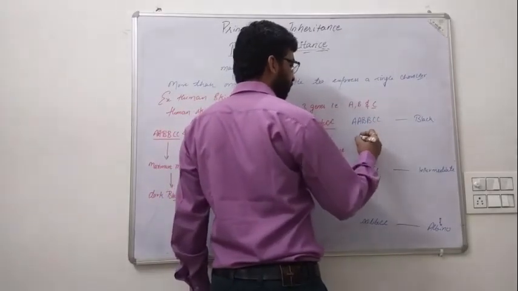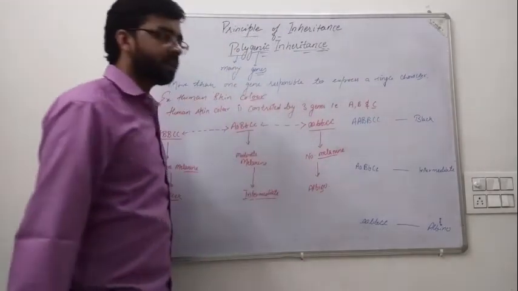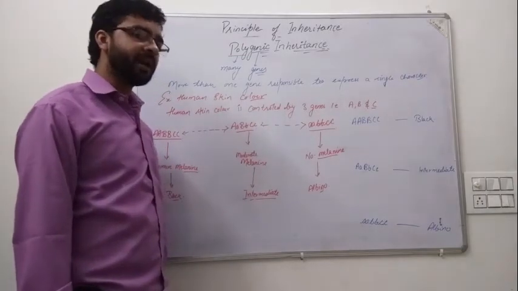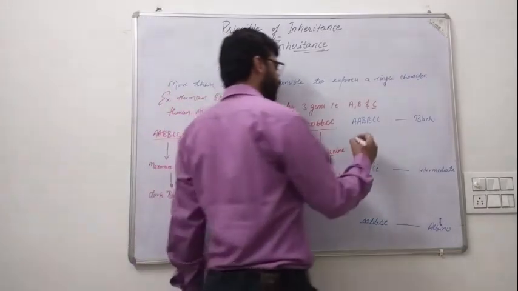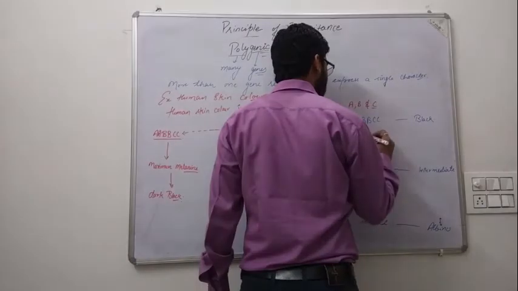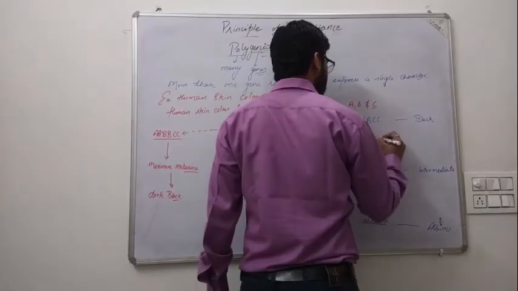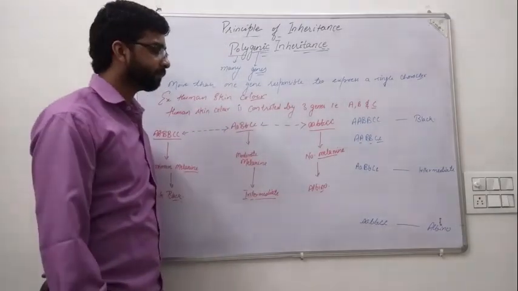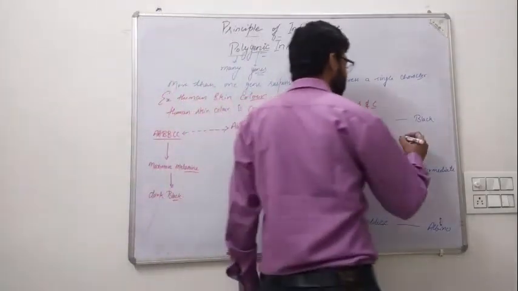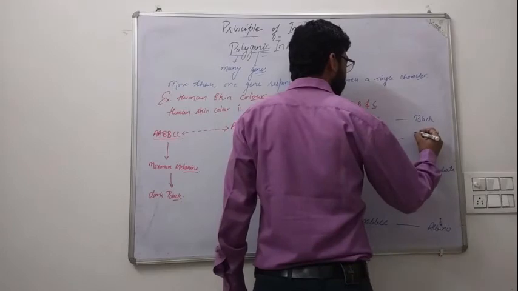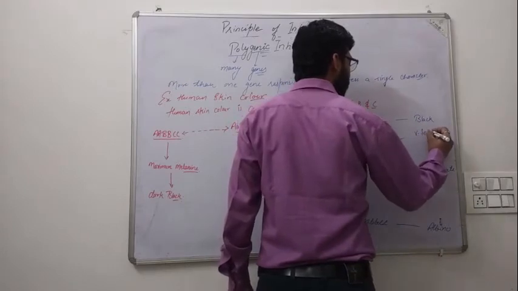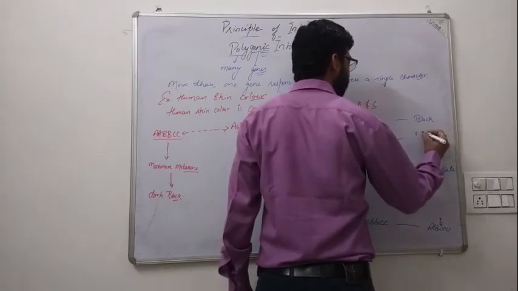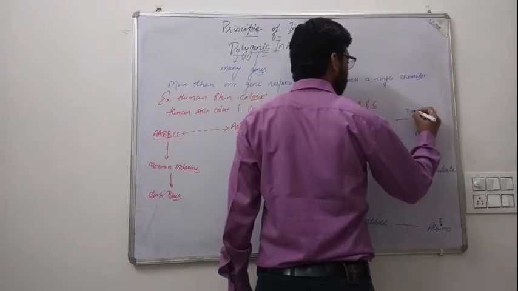If there is a possibility that two genes are dominant and one is recessive, any two are dominant and one pair is recessive here, that is very dark, dark black.